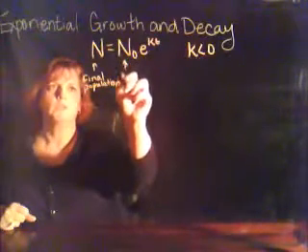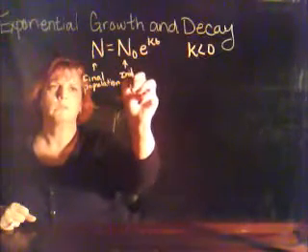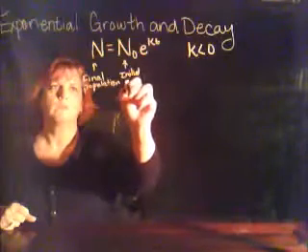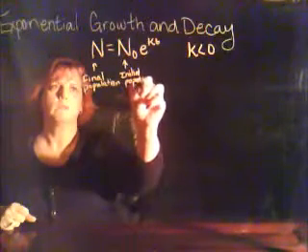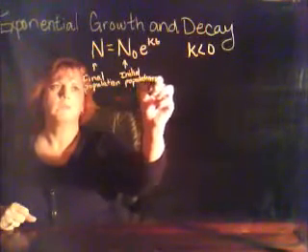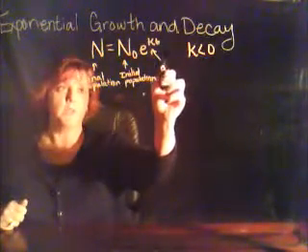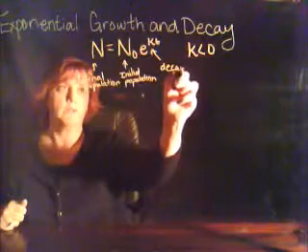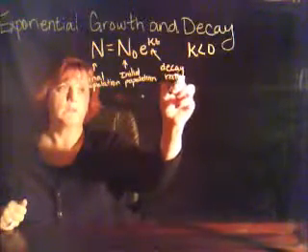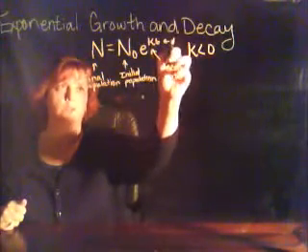This one is our initial. Well, now k is a negative number, so it's our decay rate. And t is still our time.